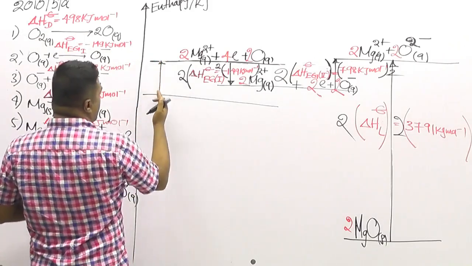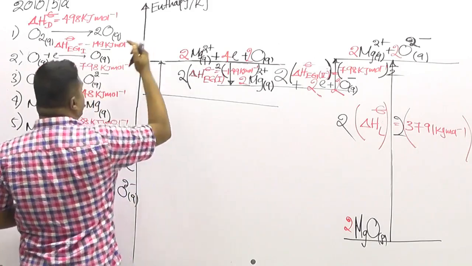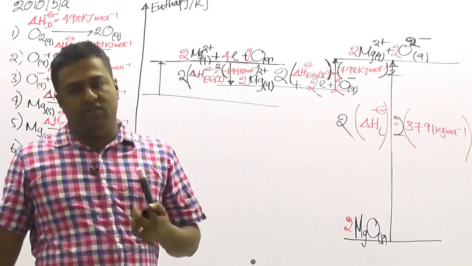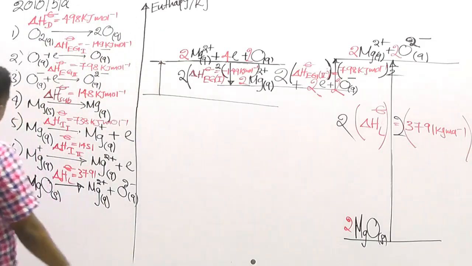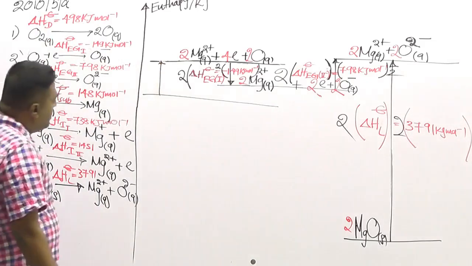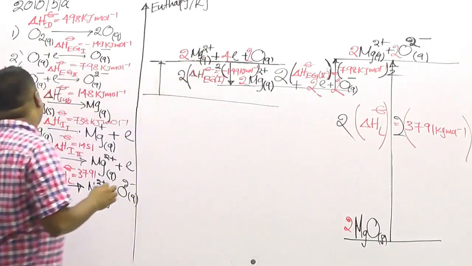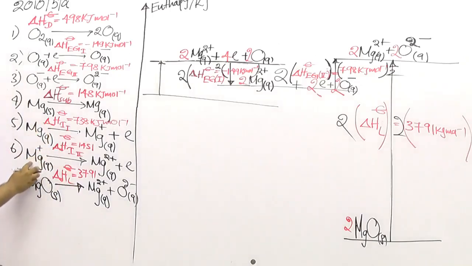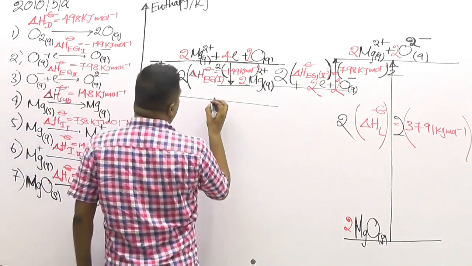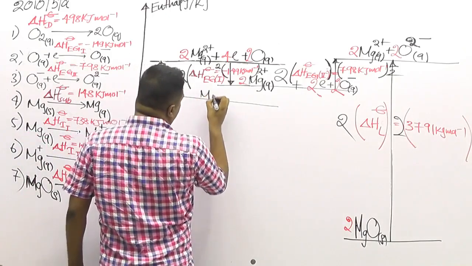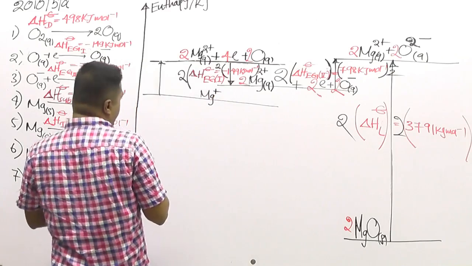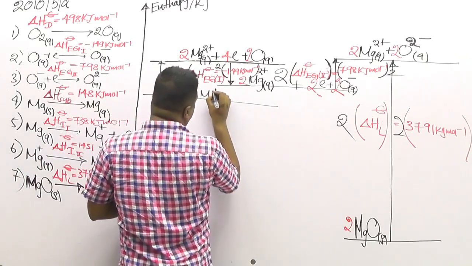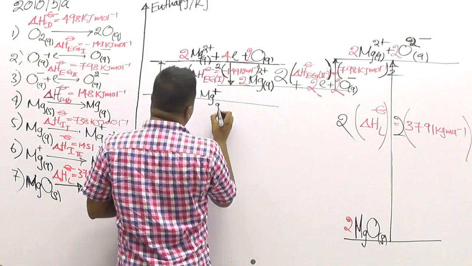The arrow mentions an increase in energy, right? So Mg2 plus is produced from Mg plus gas.